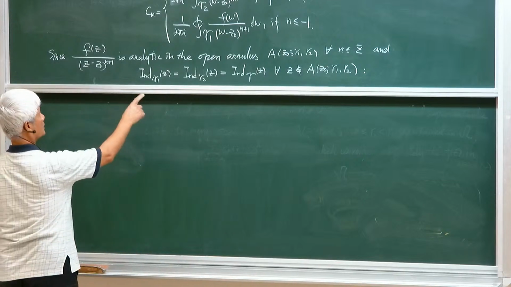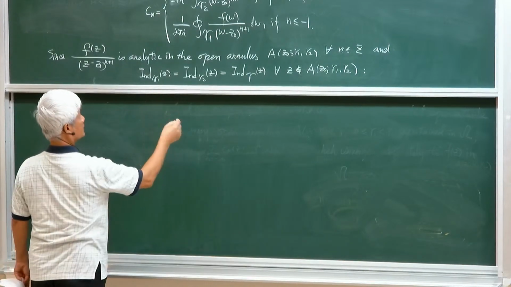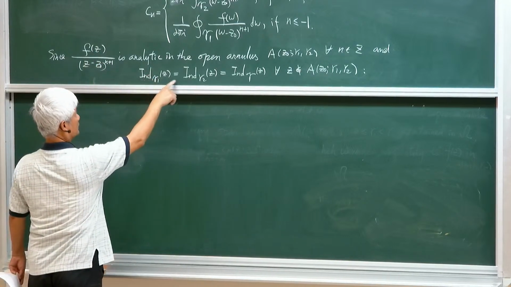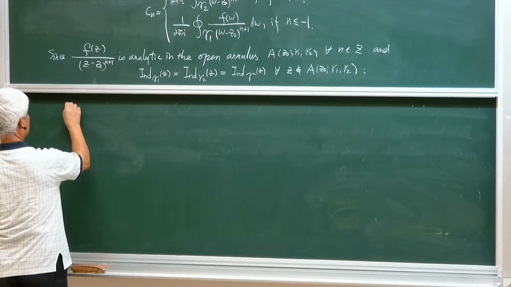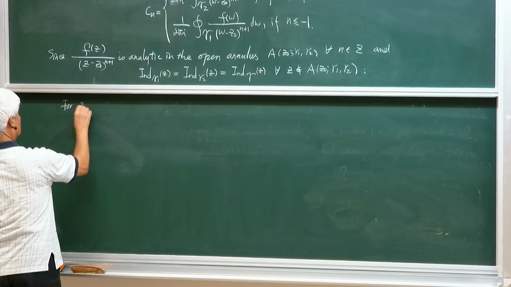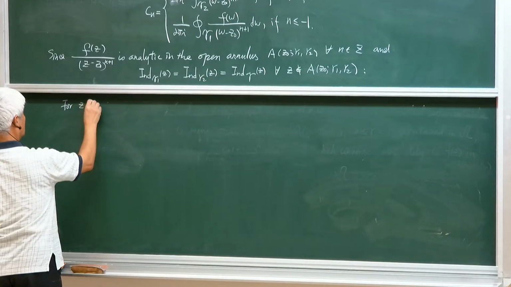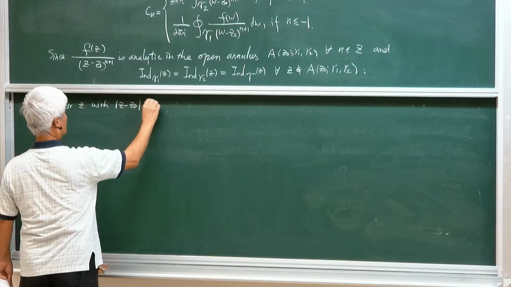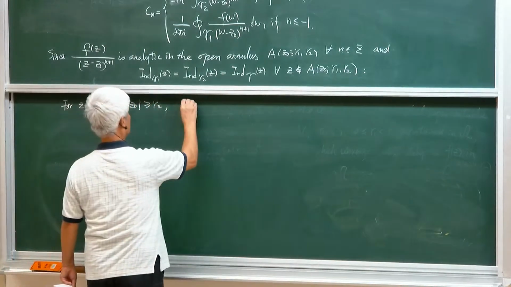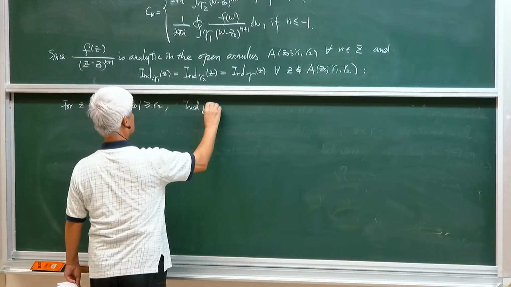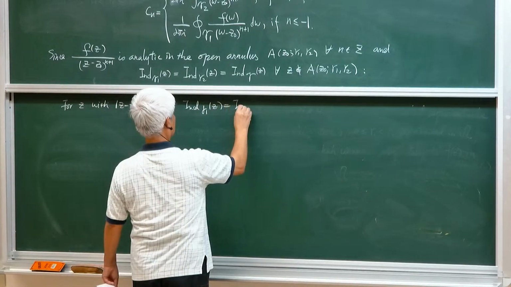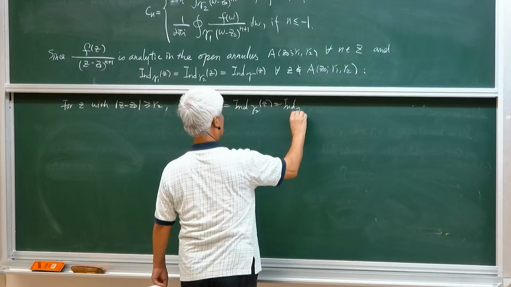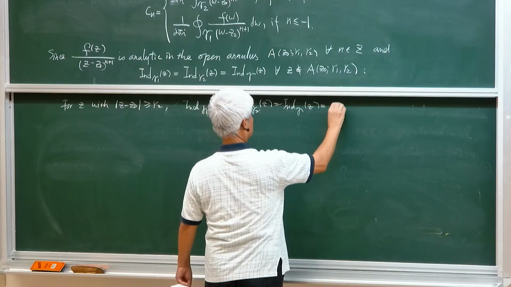So for this analytic function, we know the index, for z with the distance greater than or equal to R2, the index of gamma 1 at z equals the index of gamma 2 at z equals the index of any gamma, which is equal to 0.